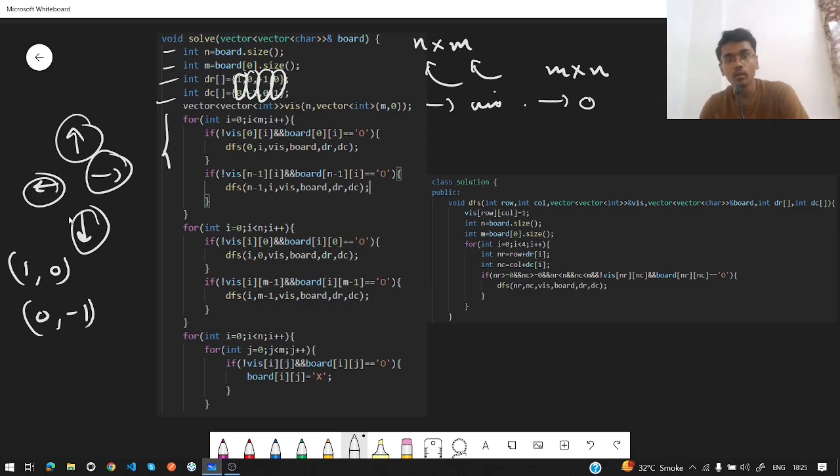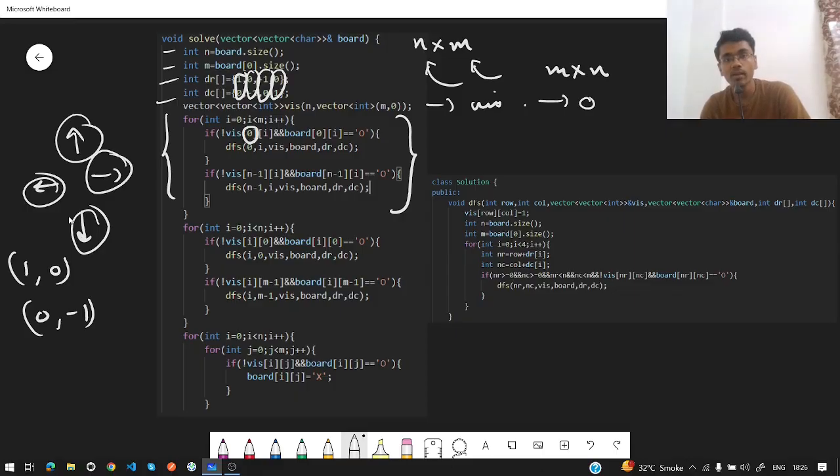Then I have done the traversal part. Now we'll be traversing what we have seen in the first step. We need to traverse the boundaries. So there will be 4 boundaries: two rows, the first row and last row, and two columns, the first column and the last column. This one is for the first row and last row.